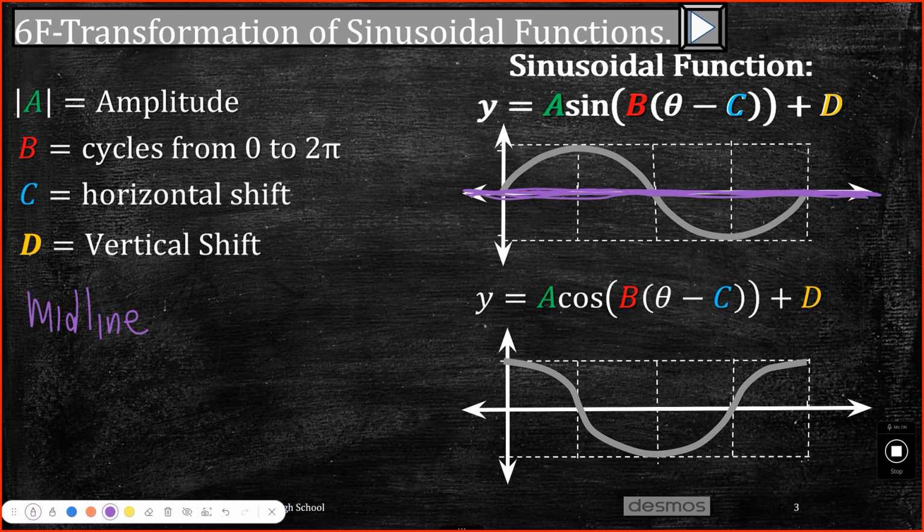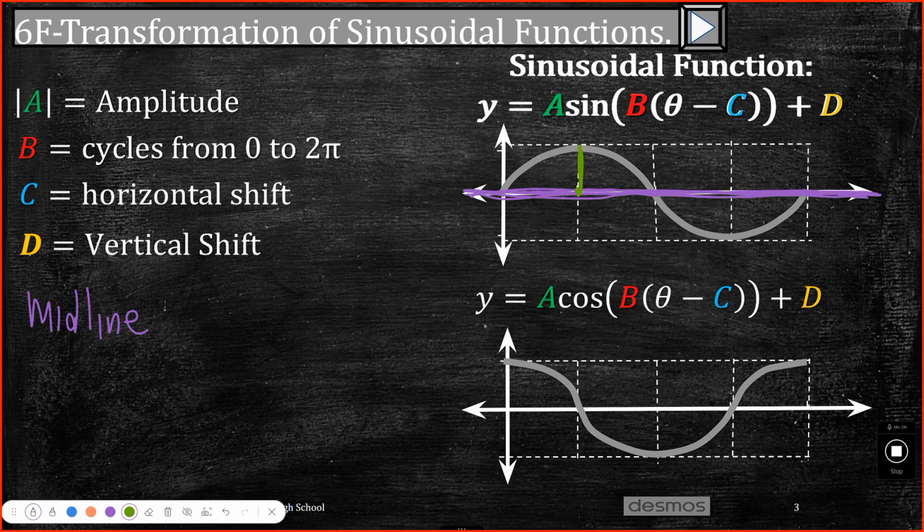And so the distance from the midline to the highest point, or from the midline to the lowest point, which is the same length, that would be called the amplitude. So from the midline to the highest point, that length is called the amplitude.